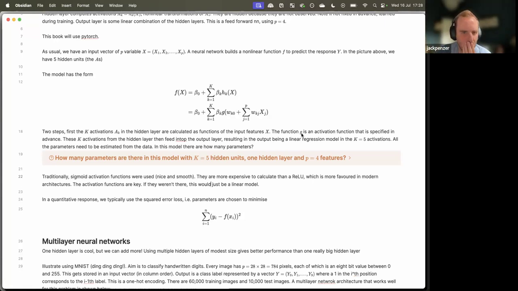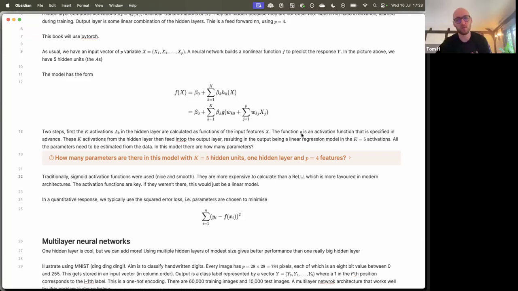But in this single layer case, I guess we do have our weights. You've still got a weight matrix, it's just one, well, it's a vector.